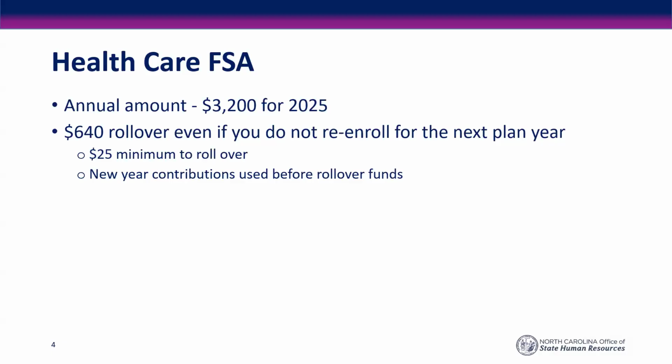And if you do, the rollover is going to be there for filing those claims. Once you tap out this year's account, it does go into the rollover, but just keep in mind that at the end of this plan year, all of that money is seen as the same money. It doesn't matter if it's rollover, it doesn't matter if it's current year, up to 640 can roll into 2026. It's all the same account, even though it looks separate.